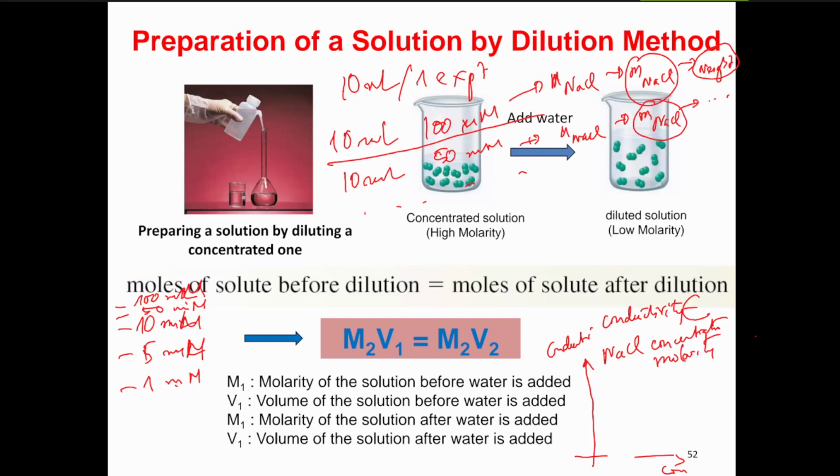And each time of weighing like this, you will make one error. So basically, the solution you prepare, 100 millimolar, that can be not exactly 100 millimolar, but that can be 100 millimolar plus or minus 2 millimolar. That can be 98 millimolar.